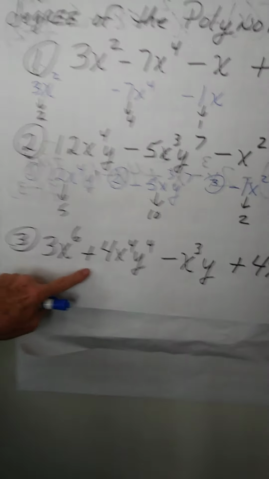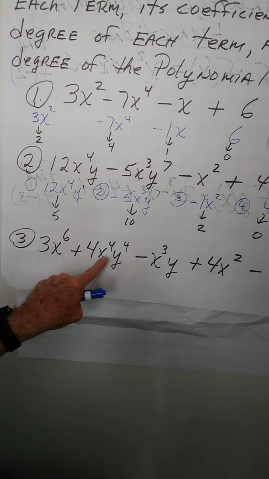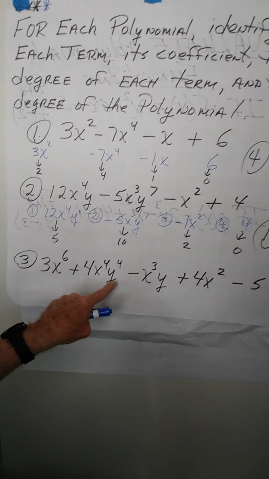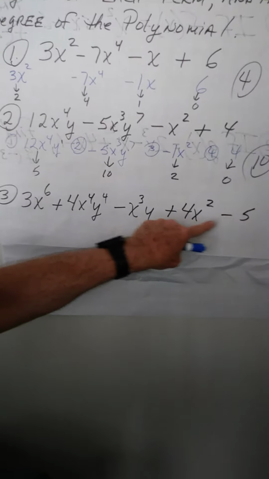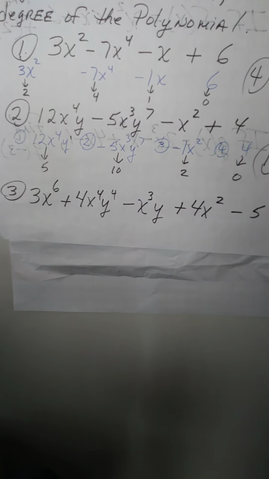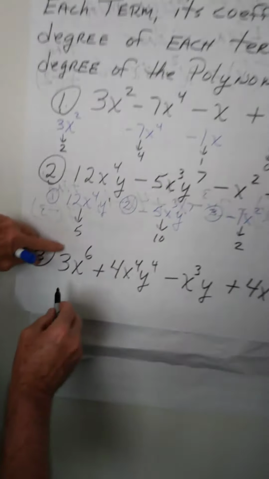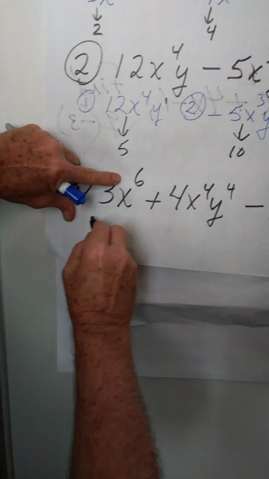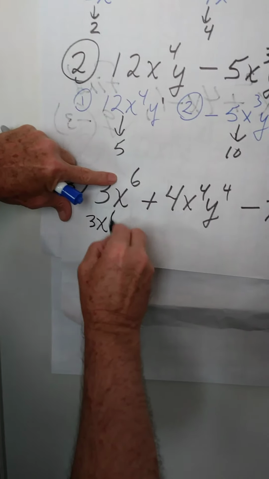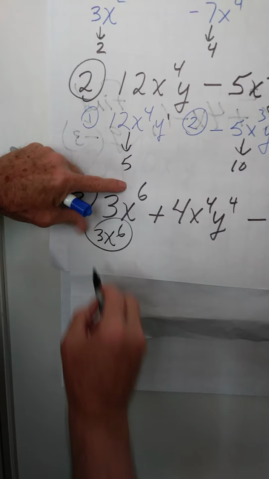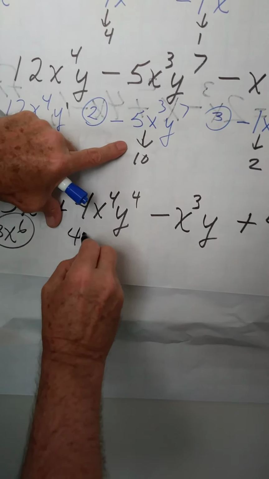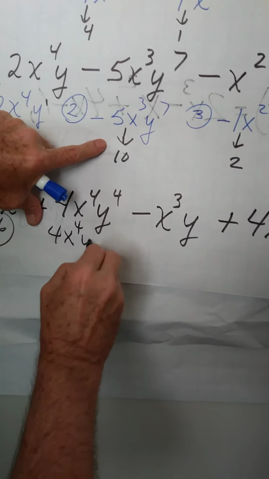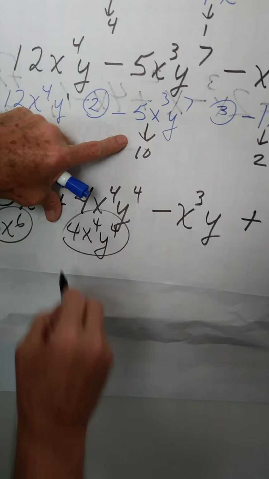And thirdly, let's do the third one. 3x to the 6th plus 4x to the 4th y to the 4th minus x cubed y plus 4x squared minus y. Term number 1, 3x to the 6th. Term number 2, a positive 4 x to the 4th, y to the 4th.